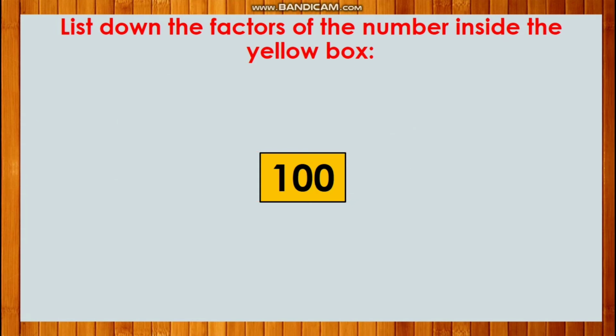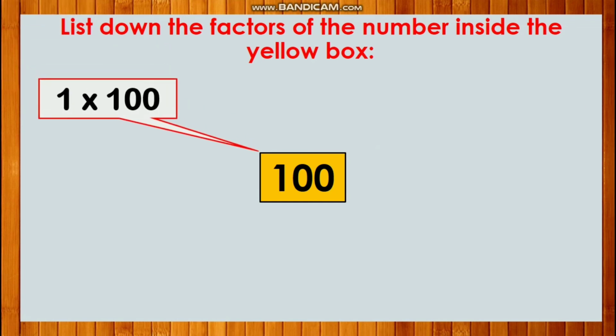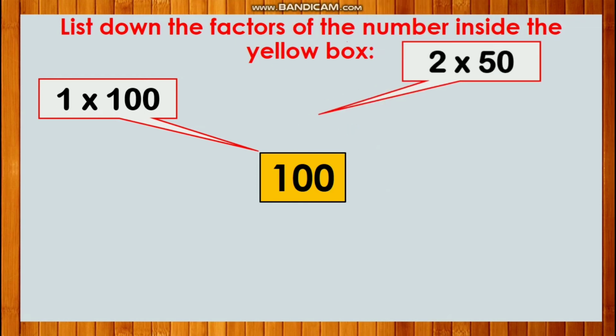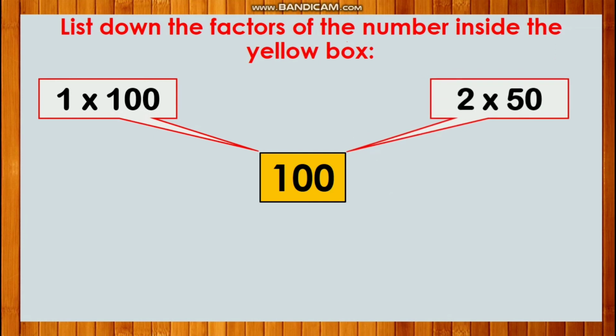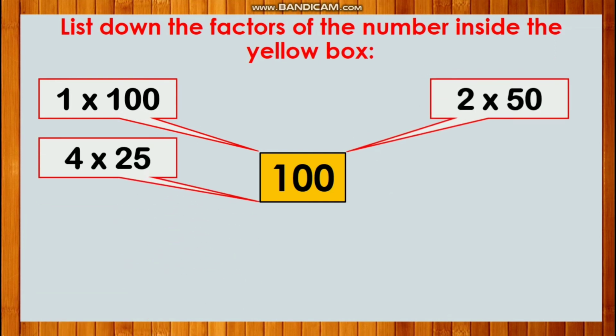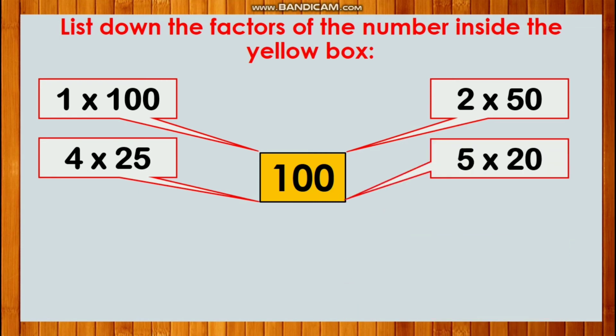Next, we have 100. So we have 1 times 100. 1 and 100 can divide 100 without any remainder. So 1 times 100 is equal to 100. We have 2 times 50. We have 4 times 25. We have 5 times 20.